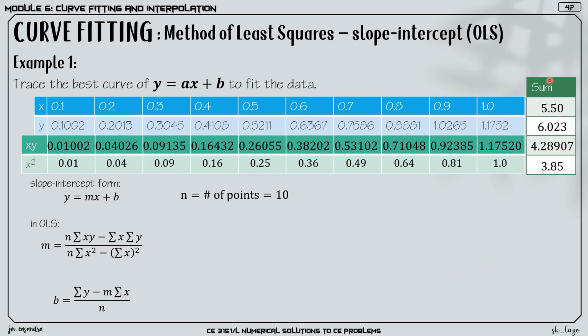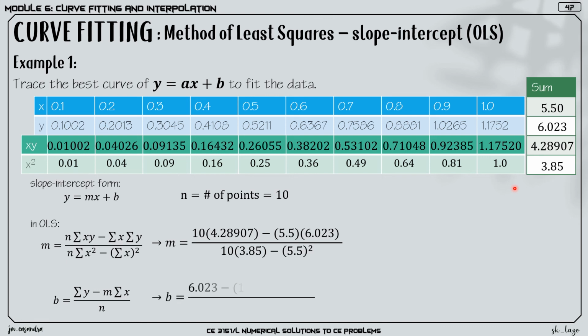So substituting the value of n and the values of the sums of xy, x, y, and x squared, we can now solve for m as 10 times 4.28907 minus 5.5 times 6.023, all over 10 times 3.85 minus 5.5 squared.